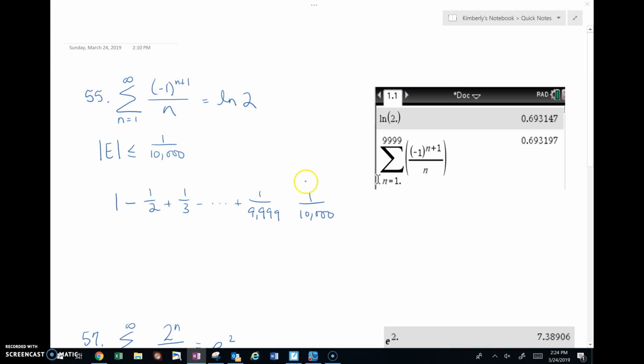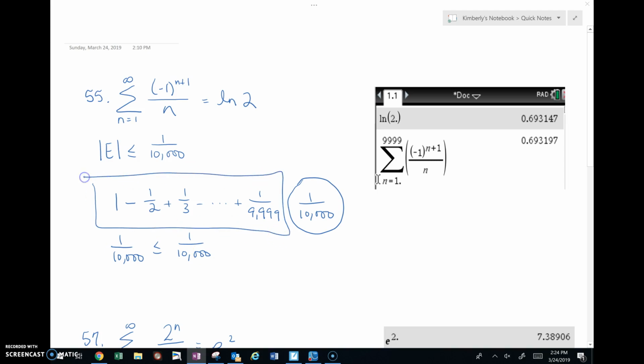Because this term right here is less than or equal to the error that we're asked to find, this sum should be within 1/10,000th. And so here's where we pick up the calculator.